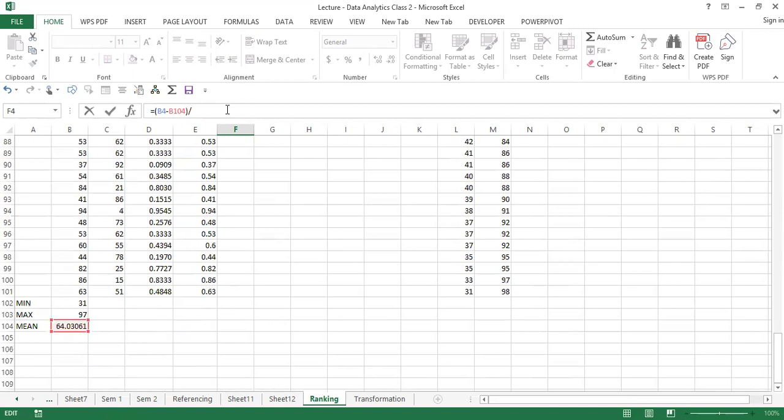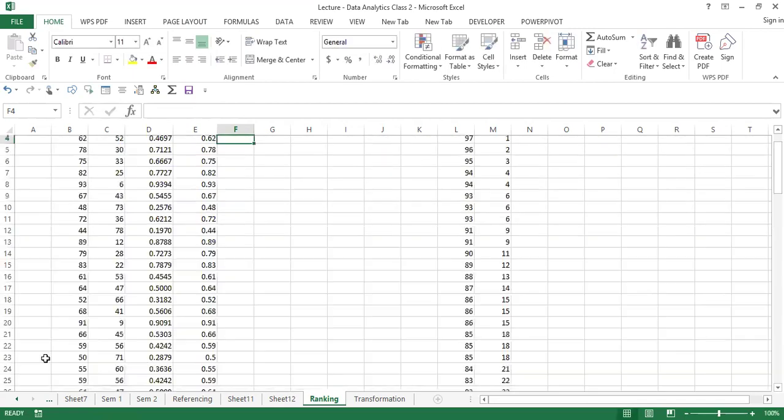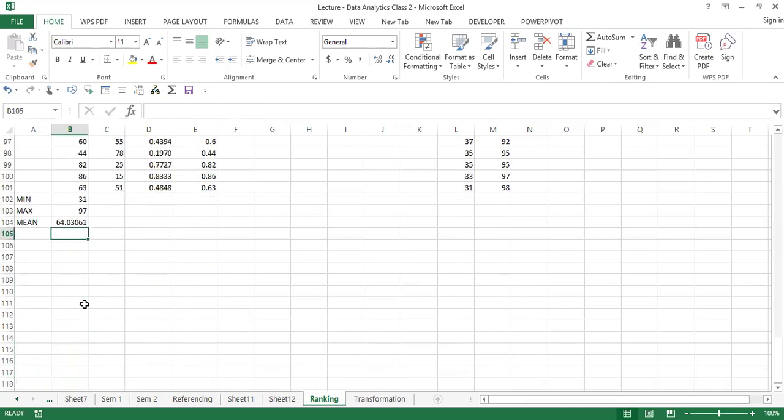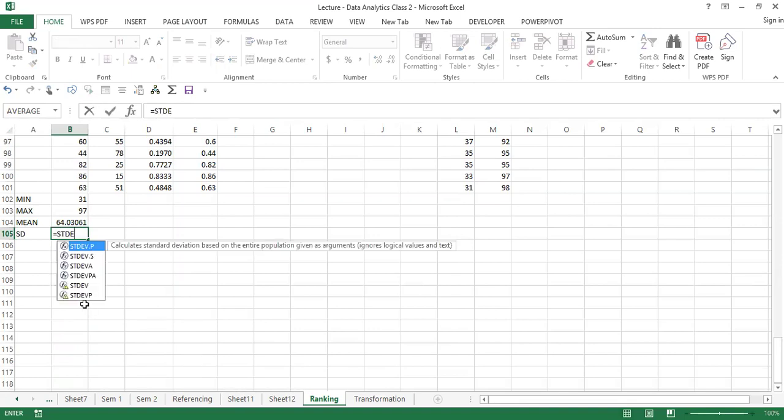Over what? Oh, sorry, there's something that we have not computed that we need. What have we not computed that we will need? It's standard deviation. Yes. Standard deviation equals STDEV sample.